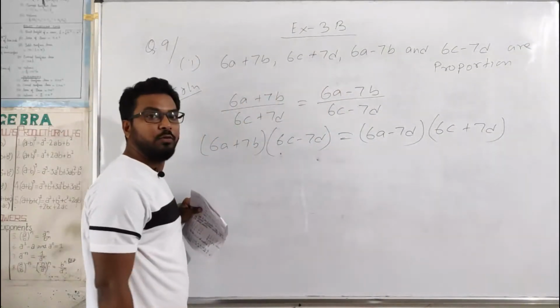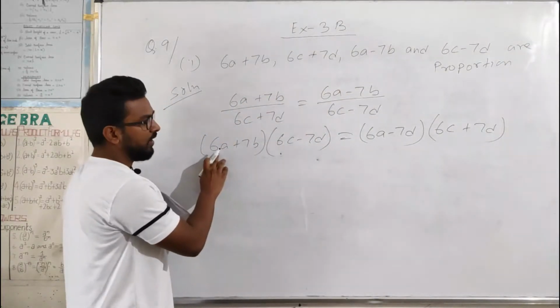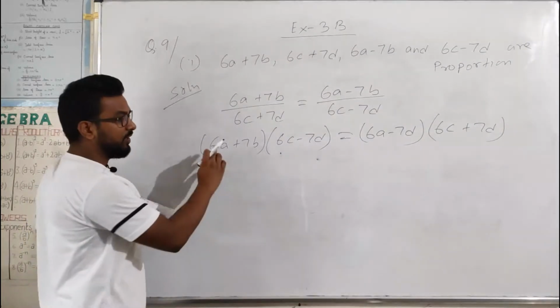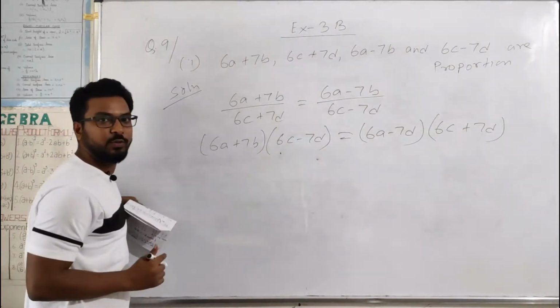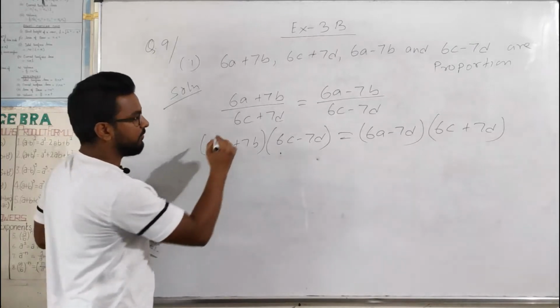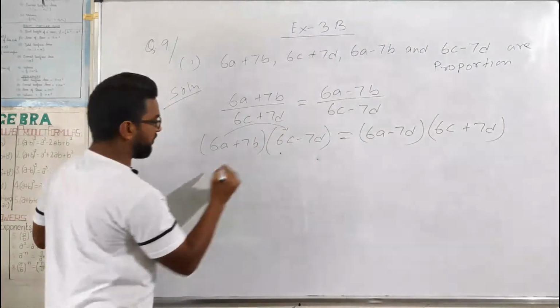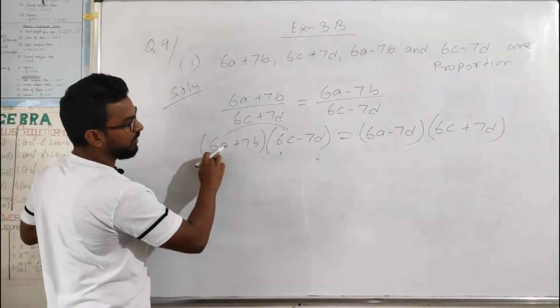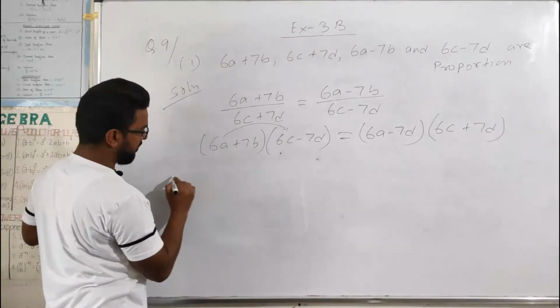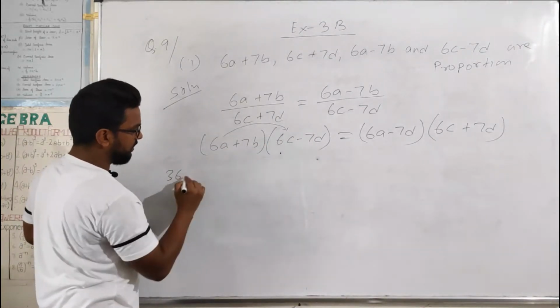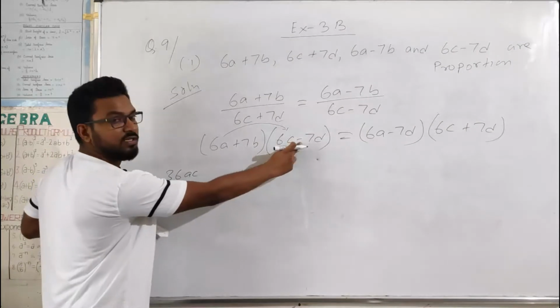Now we'll multiply. I'll do it directly. We have to multiply this term with this term, one by one. First you multiply this one with this term. 6 6s are 36, a into c, AC. What sign is here? Minus sign.